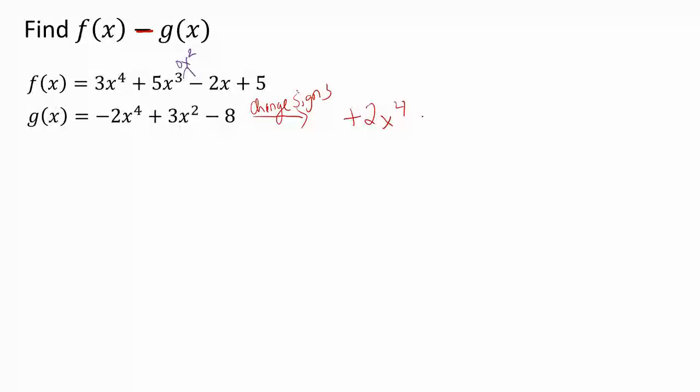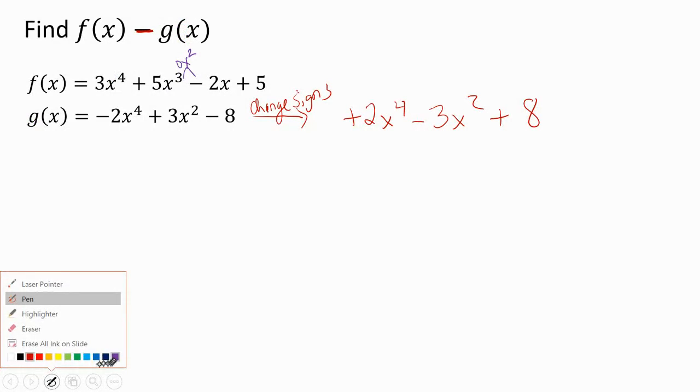A positive 3x squared is going to become a negative 3x squared. And a negative 8 is going to change to a positive 8. Okay, so that should be your first thing. Anytime you're subtracting, change the sign of whatever function this one says.